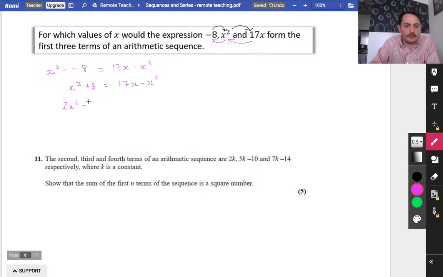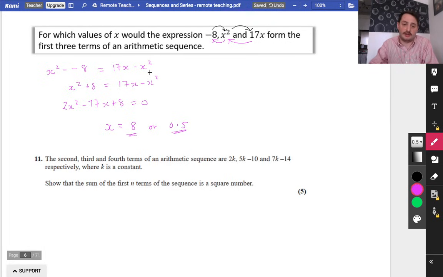So I get 2x squared minus 17x plus 8 equals 0. And of course, I'm going to just go straight to my calculator for this. So that's 2, minus 17 and 8. And so the values of x would be either 8 or 0.5.